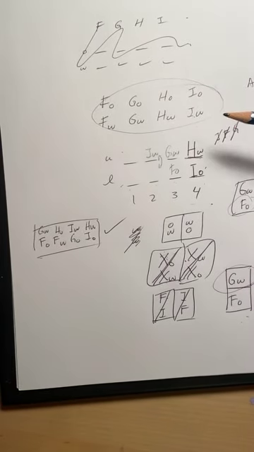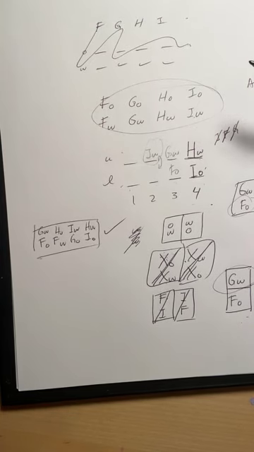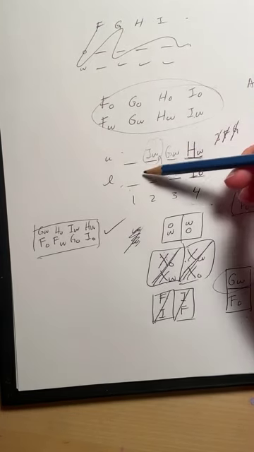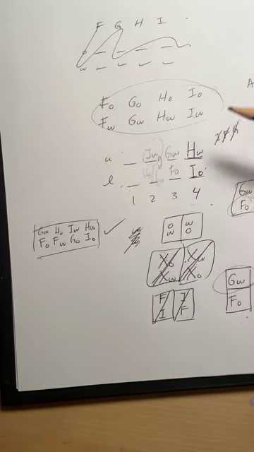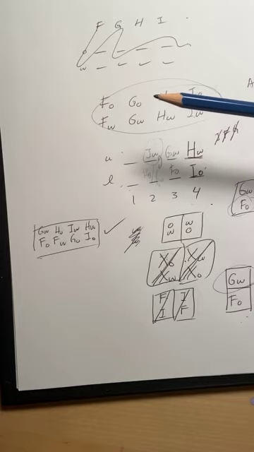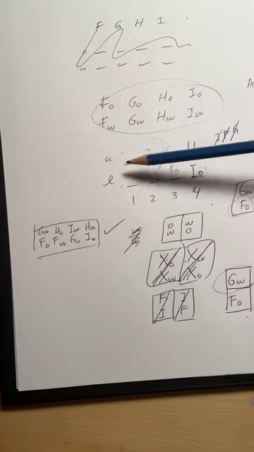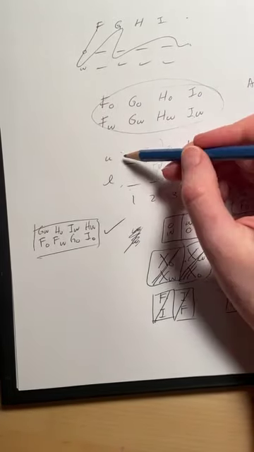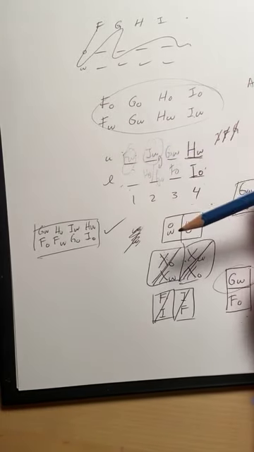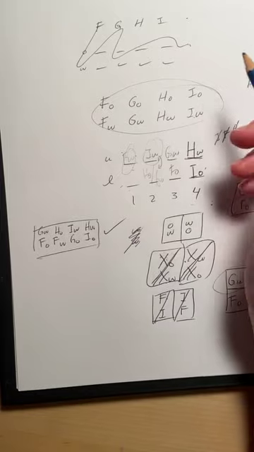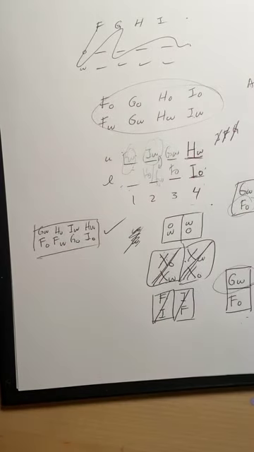We need an oil to go with I, so it could be HO or GO, but then the remaining watercolor is going to be here. So that's the key: FW has got to be on wall 1 because it's the only remaining watercolor. So A is the correct answer for question 13 as well.